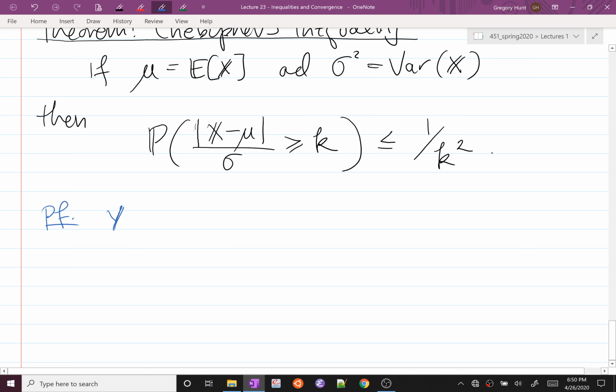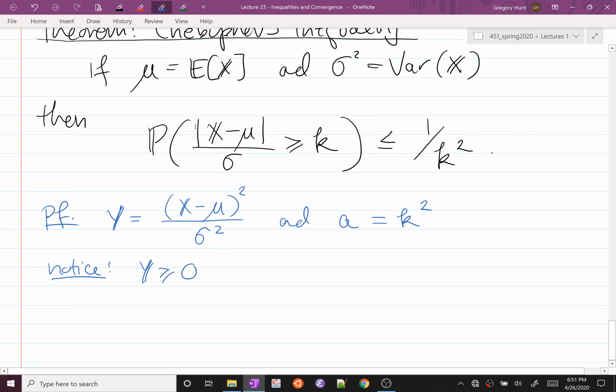If we define y to be, let's just take, x minus mu squared over sigma squared, and we let a be k squared, you notice that y is a positive random variable. It's a square, so it better be positive.